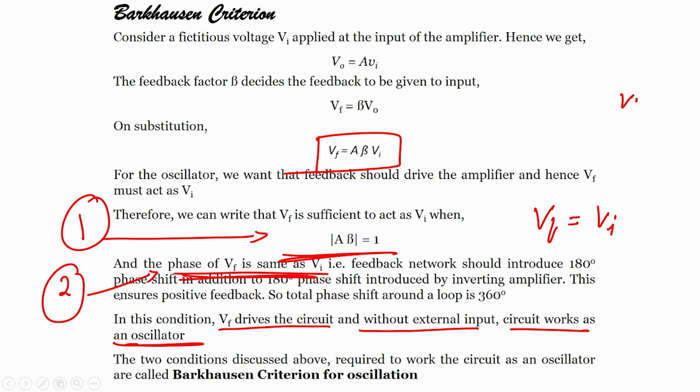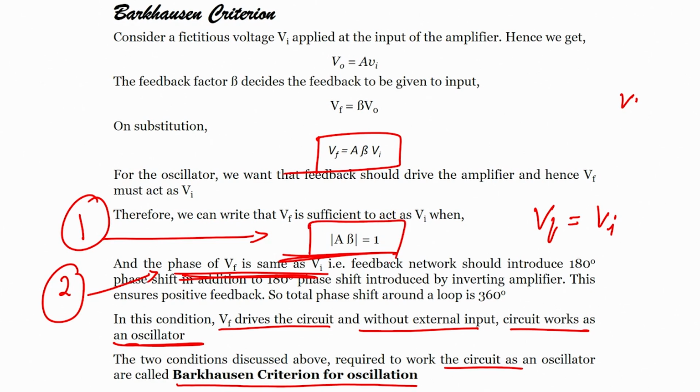The above conditions required to work the circuit as an oscillator are called the Barkhausen criteria for oscillation. Okay. So, whenever somebody asks what are the Barkhausen criteria for oscillations, we can say that there are two criteria. First is that mod of A into beta should be 1.